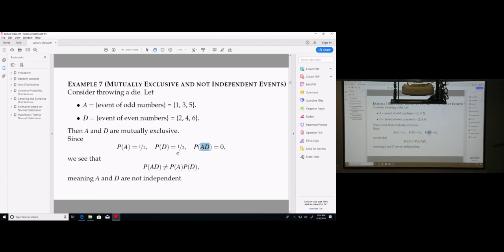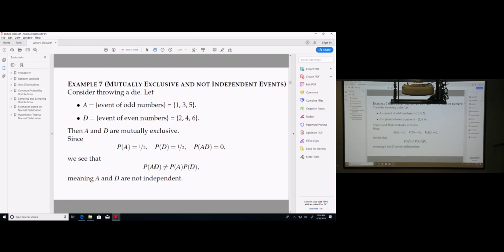These two individual probabilities are equal to half, and all we need is that they are positive. So the product on my right-hand side will always be positive, but since they are mutually exclusive, the left-hand side has to be 0.